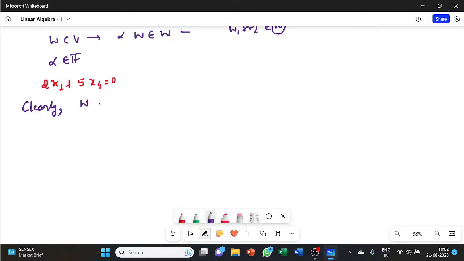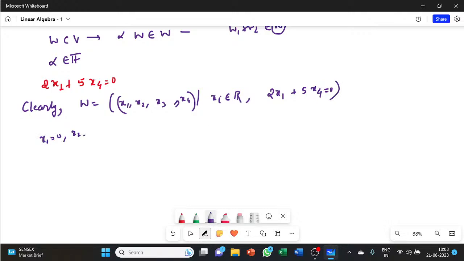So clearly, we are talking of a subset of x1, x2, x3, x4 such that xi belongs to the real numbers R, but there is a provision that you need to keep in mind, which is that 2x1 plus 5x4 must be 0. If I take x1 as 0, x2 as 0, x3 as 0, and x4 as 0, does it not qualify our definition, that 2 times 0 plus 5 times 0 is equal to 0?